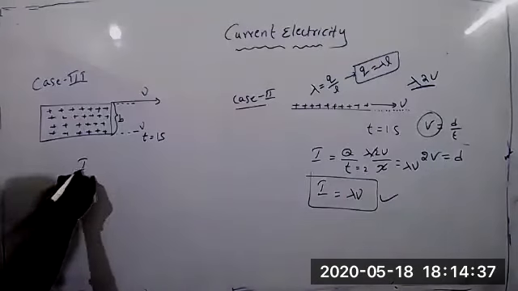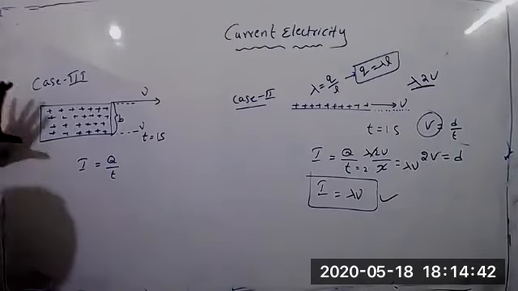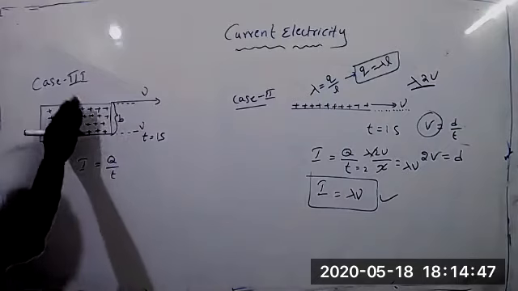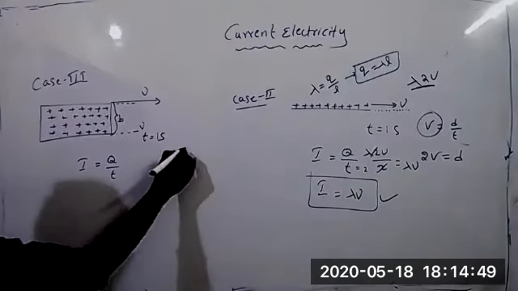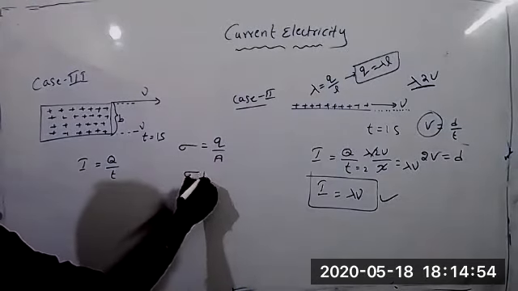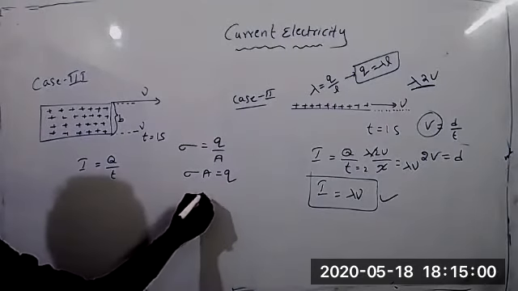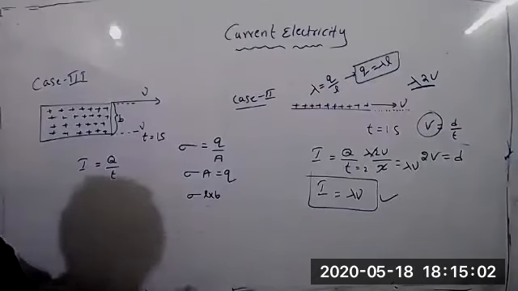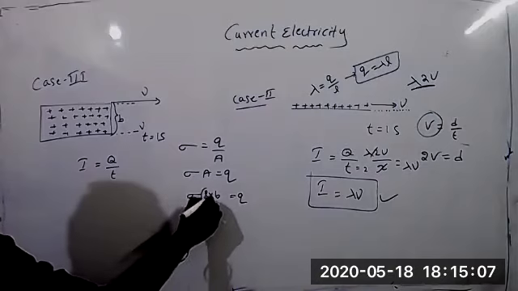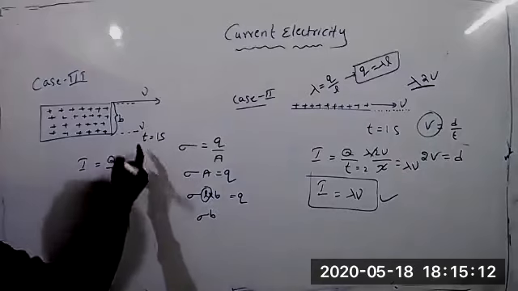So again, I is equal to Q by T. Now calculate the charge. It is an areal charge density because charges are moving in terms of area. So sigma equals charge by area, and the area is length into breadth. How much length can it travel in 1 second?